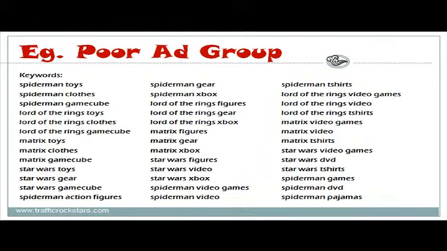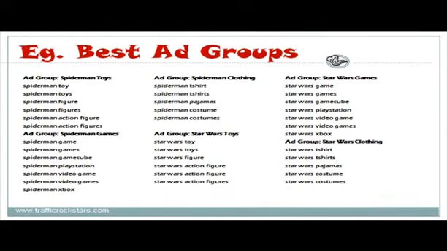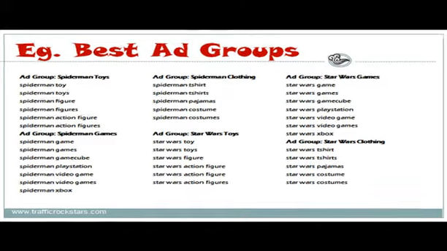On the other hand, this is an example of great ad groups, and you can see that each one is separated into the movie or the superhero, and it's also separated between toys, games, clothing. So these are more tightly themed, but there's still certainly a few keywords in there that are portraying the theme. So you see Spider-Man t-shirt, pajamas, costumes are all related to Spider-Man clothing.